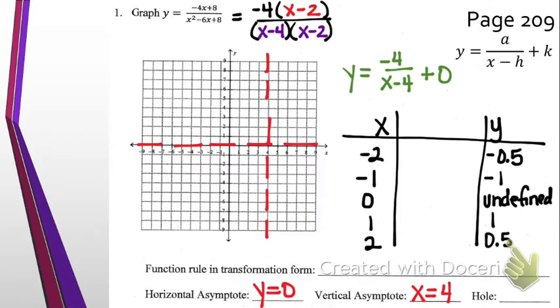All right, so let's go ahead and do our transformation. So you all are real good at this. H plus x, y times a plus k. And in this equation that we have right here, a is negative 4, h is positive 4, and k is 0.